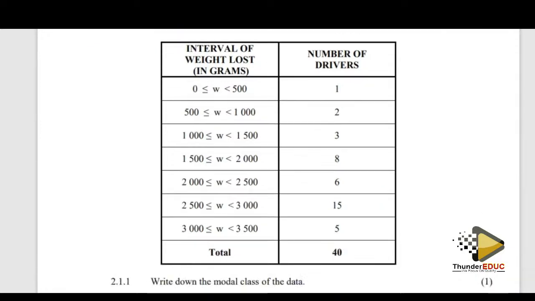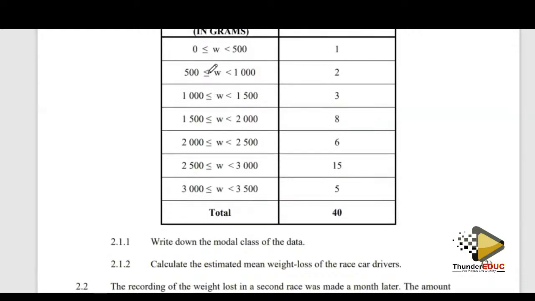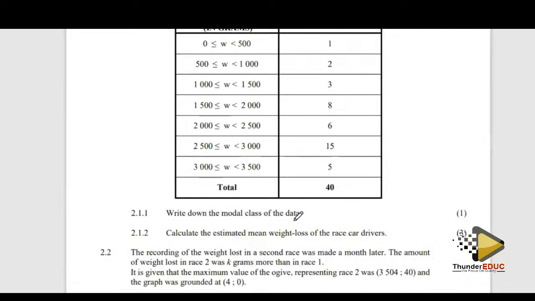So we have this grouped data of ours. We have the classes of the weight loss and then the number of drivers that lost weight. Then they want us to determine the modal class. So a modal class is basically that class with highest frequency.